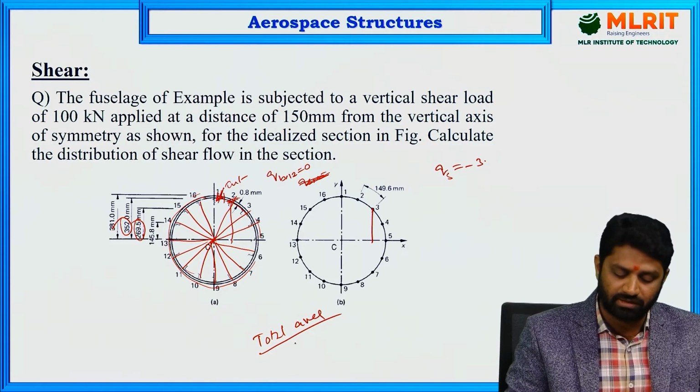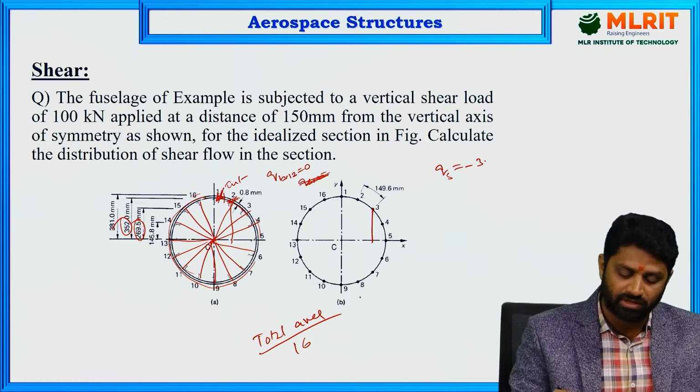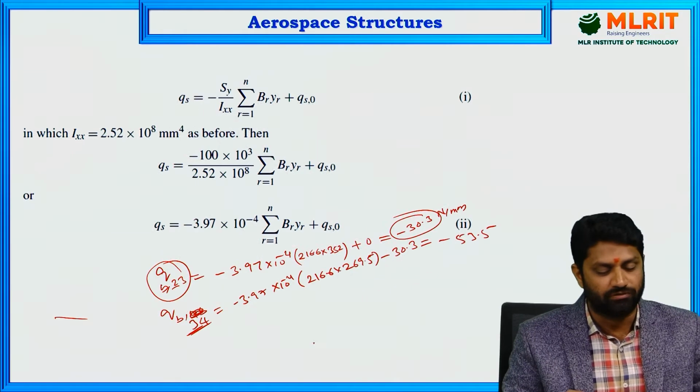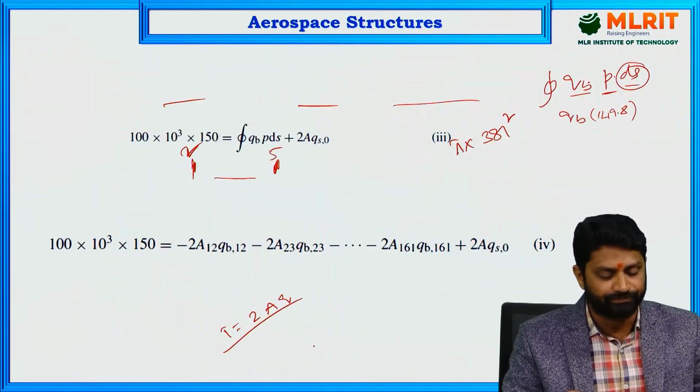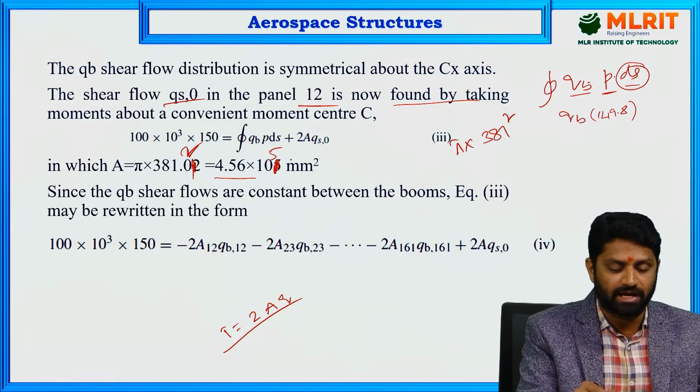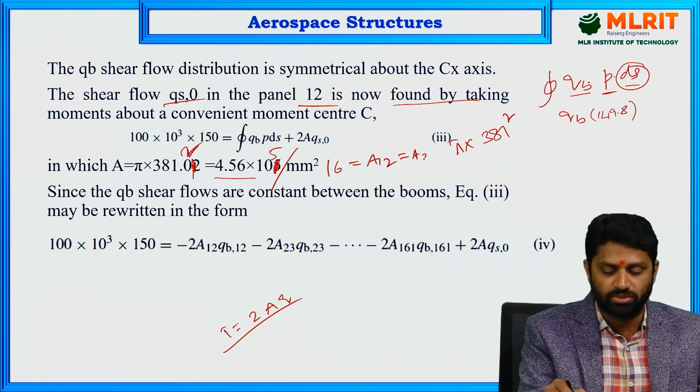If you divide the total area by 16, you get each panel area for A12, A23, which are similar. The total area is 4.56 into 10 to the power of 5, and dividing it by 16 gives all the areas A12, A23, and so on.